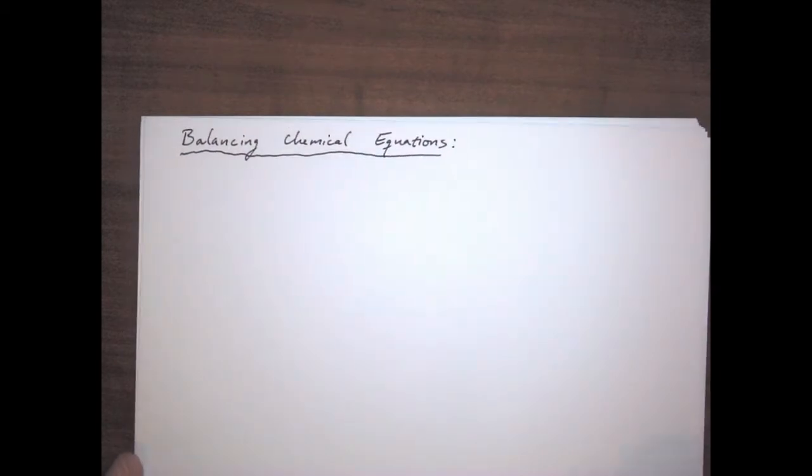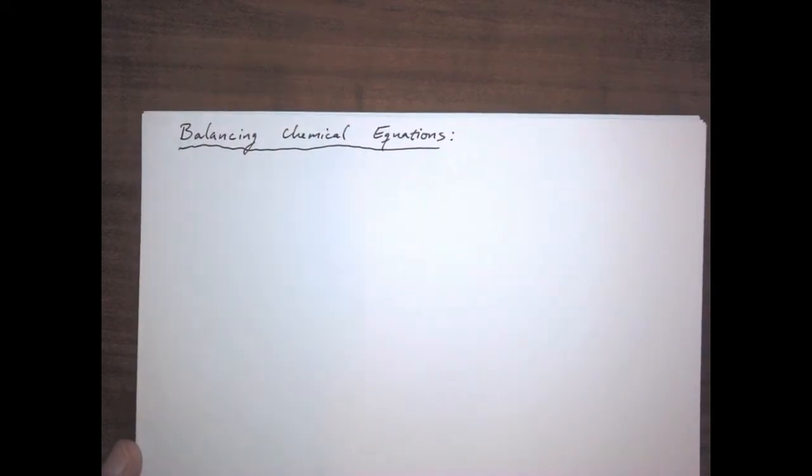So when a chemical reaction happens, frequently it would be written in an unbalanced way, where the proportions of the different molecules are not necessarily given to you.